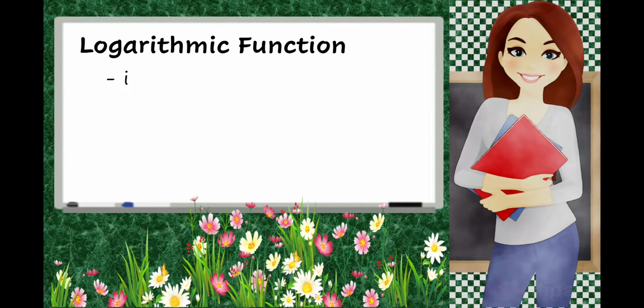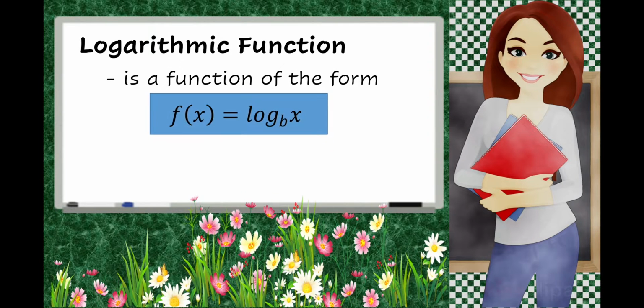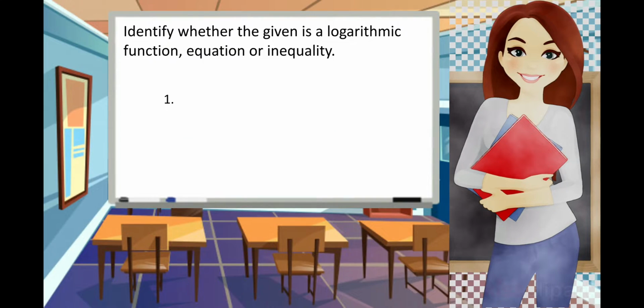What about logarithmic function? It is a function of the form f of x is equal to log of x to the base b, wherein b is greater than 0, but b is not equal to 1. An example of this is g of x is equal to the logarithm of x to the base 3.